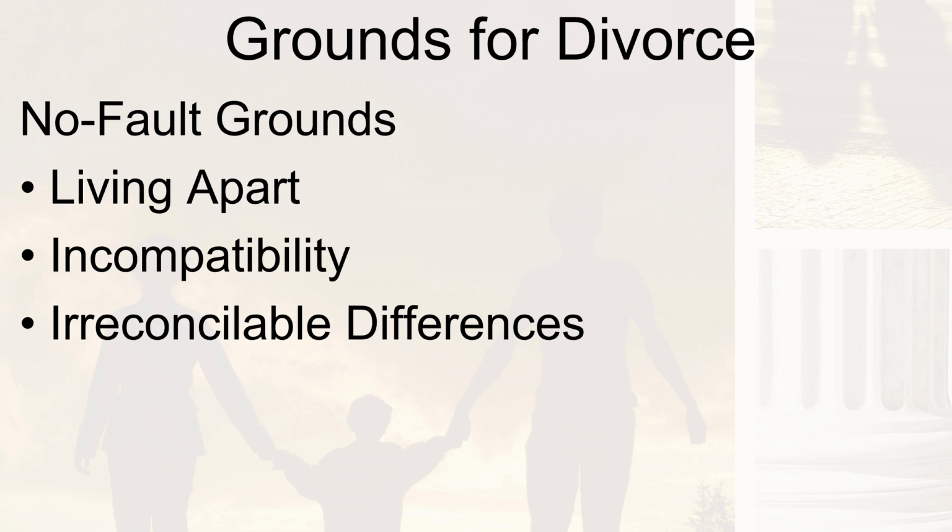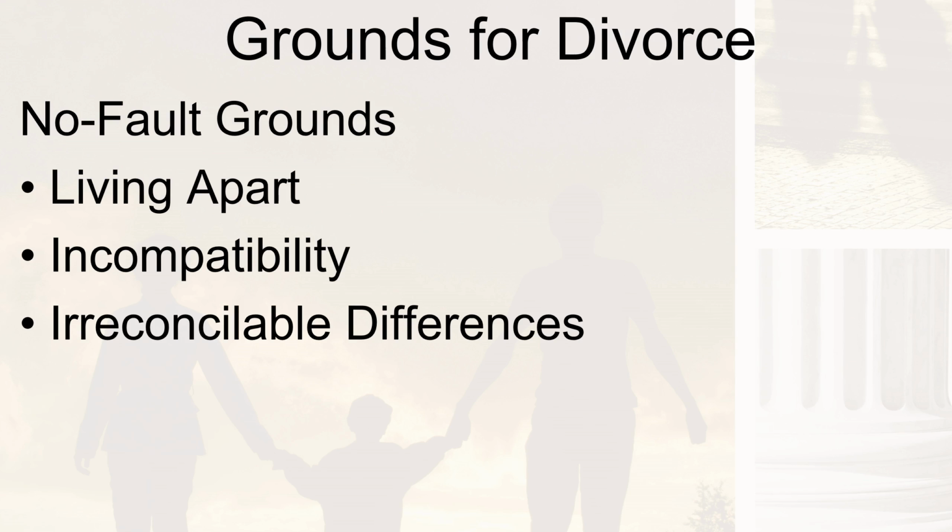It has to be a consecutive amount of time living separate and apart, so they can't be on again, off again, which also includes engaging in sexual relations. So even if they live apart in separate houses, even separate cities, but once in a while they decide to engage in sexual relations, that would break the consecutiveness.